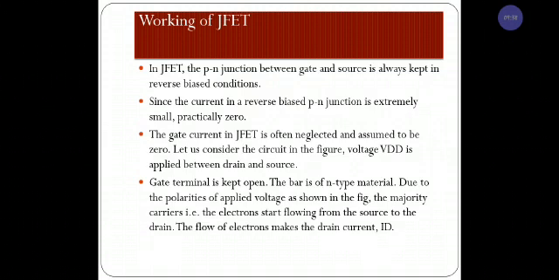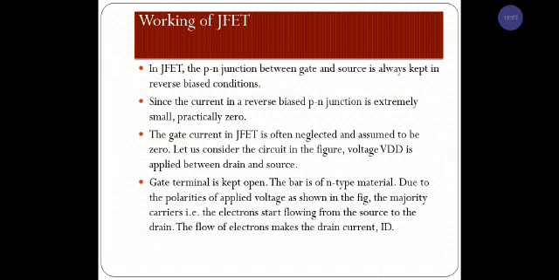In JFET, the PN junction between the gate and source is always kept in a reverse biased condition. Since the current in the reverse biased PN junction is extremely small, as we already know, the gate current in the JFET is often neglected and assumed to be zero. Now let us consider the circuit in the figure where the voltage is applied between the drain and the source.